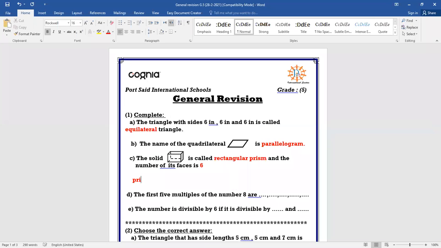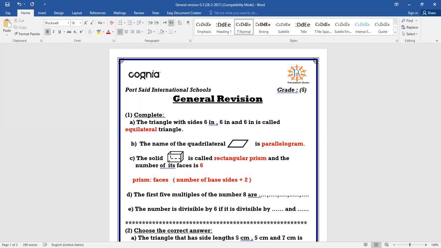In the prism, to find the number of faces, as we said before, we add the number of base sides plus 2.